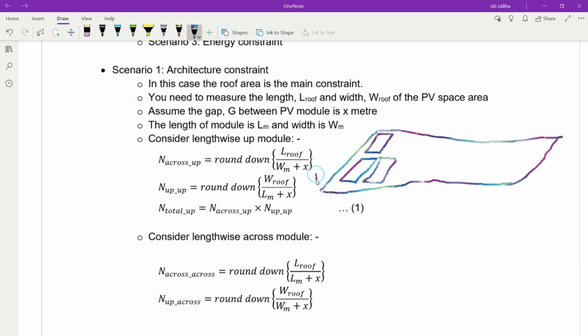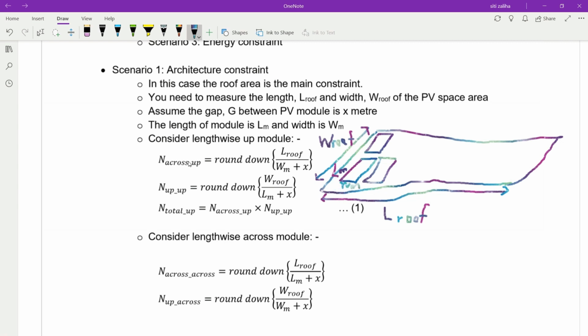Here is the width of the rooftop, W roof, and here is the length of the rooftop, L roof. This is the length of the module, and this is the width of the module. So this is Lm, and this side is Wm.